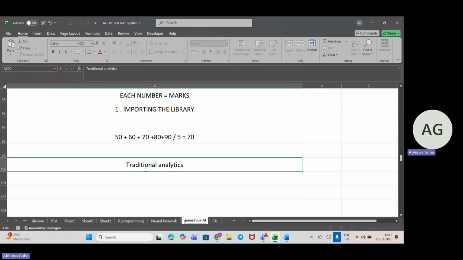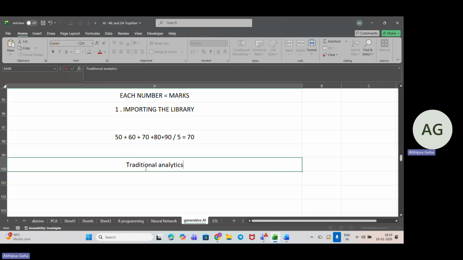Traditional analytics follows simple steps like reading the numbers, applying mathematical rules, and showing the output. So it sees 10 and 5, subtracts them, and gets the output.